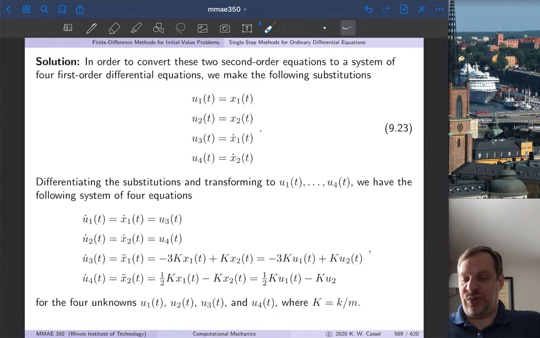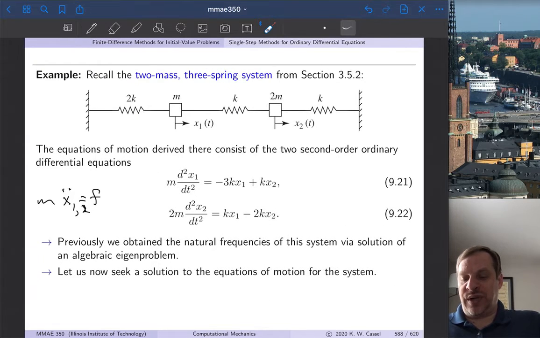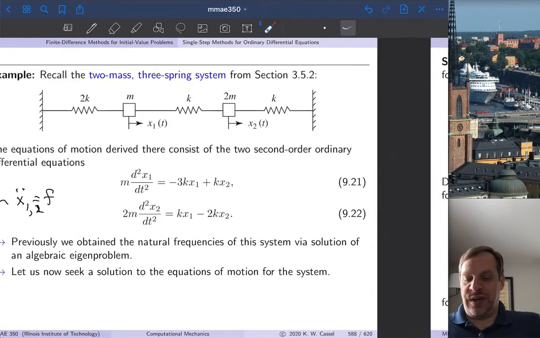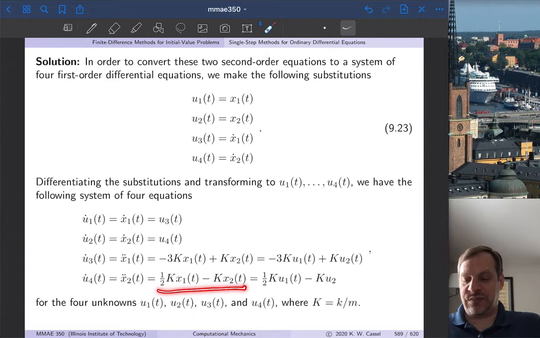Same thing with the fourth equation. So u4 is x2 dot, differentiating, u4 dot is x2 double dot. x2 double dot is from this equation, divide through by the 2m on the right hand side, and that gives us this.